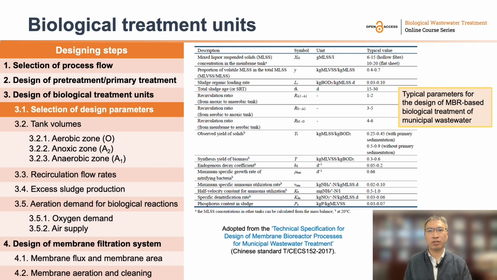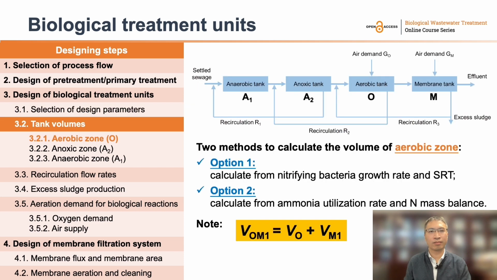The detailed procedure and the equations for the calculation will be introduced hereinafter. From this slide, we are going to learn how to design the dimensioning of biological treatment units in an MBR process, taking the AAO MBR process as an example.